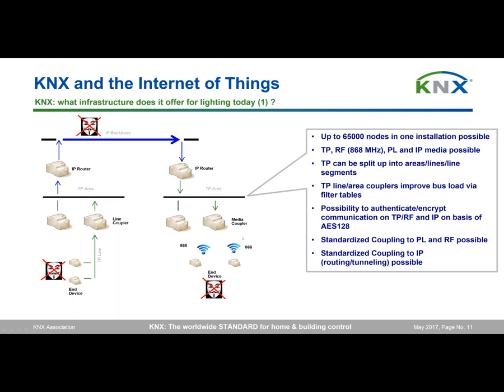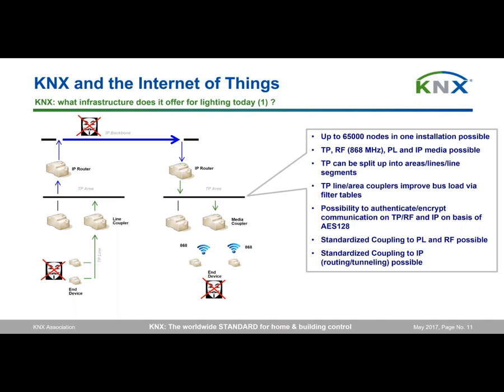There is also the possibility to use a common wireless solution based on 868 MHz. There is also the possibility to run communication on existing power line networks. And there is also the possibility that through IP routers, these different segments are connected together to form a fast IP backbone.